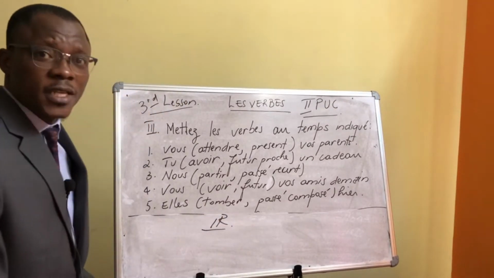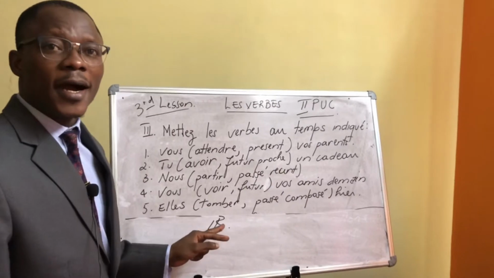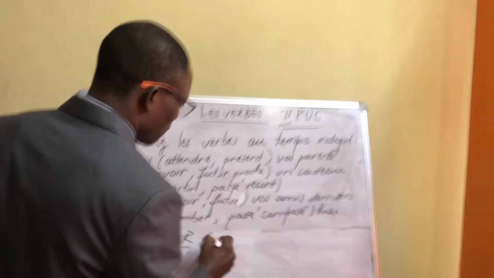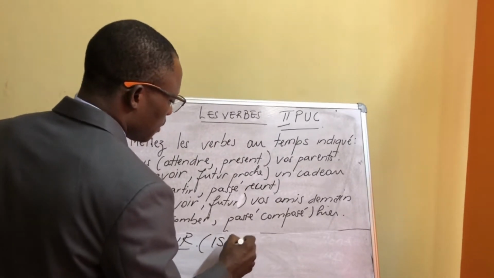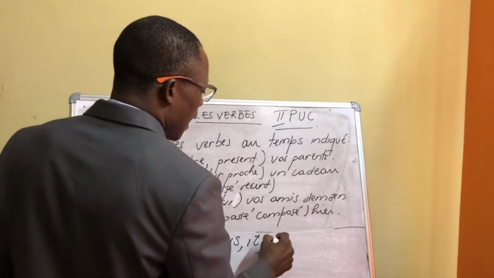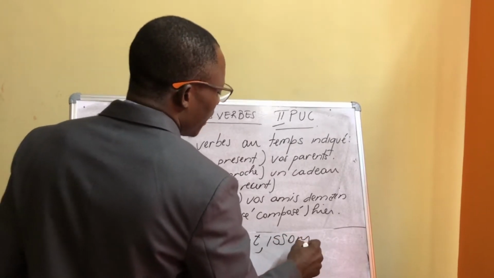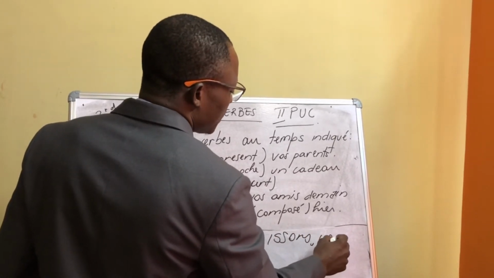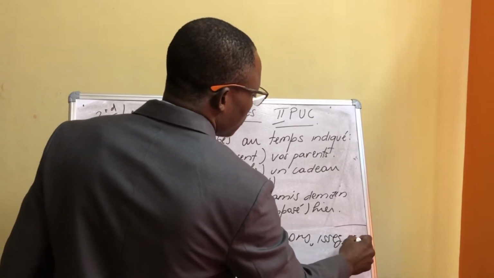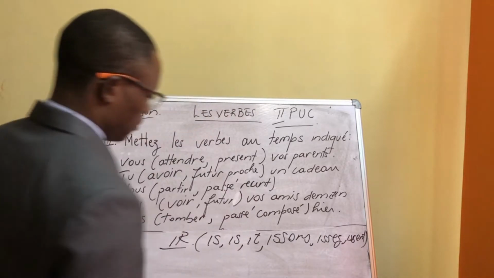IR verbs means verbs ending with IR. So in this one, we're going to get IS, IS, IT, ISSONS, ISSEZ, then ISSENT.